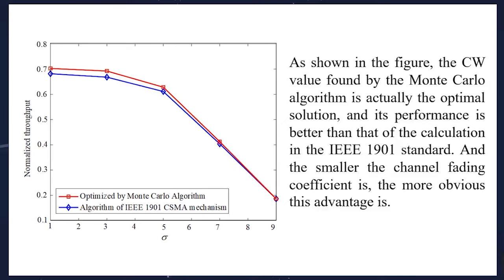But even so, the Monte Carlo algorithm is still better than the original standard performance. To a certain extent, this algorithm can not only improve the system performance, but also, in the face of unpredictable and inevitable fading in the channel, the system performance will not be affected too much.